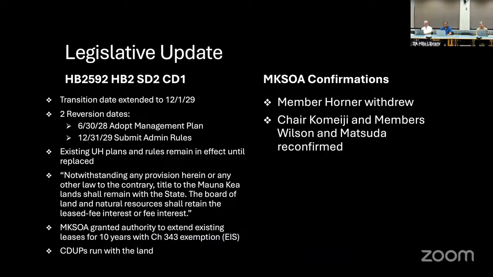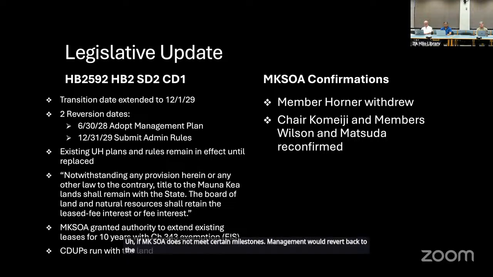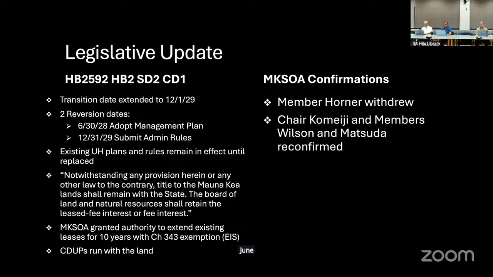Another highlight of the bill is that there are now 2 dates upon which, if MKSOA does not meet certain milestones, management would revert back to the University of Hawaii. By June 30th, 2028, they have to have not just completed, but adopted a management plan.